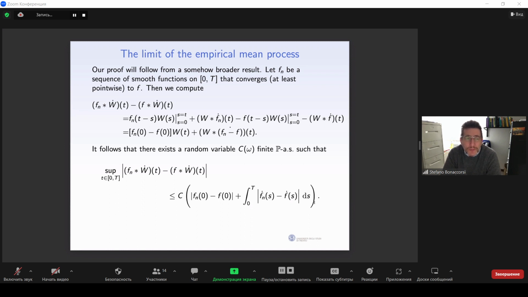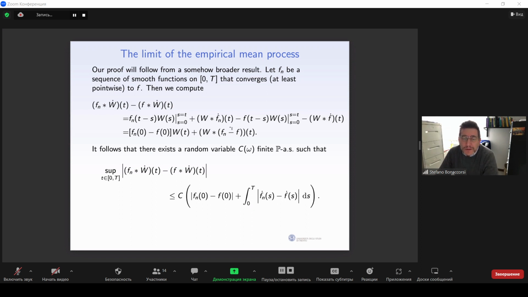Then we formally compute the difference of the convolutions with respect to W dot, and we see that this becomes equal to the difference of the functions in 0 times W_t, but we can assume that the difference of the functions in 0 is 0, plus the convolution between W, and now I don't have any more W dot, so this is a deterministic integral with random coefficient, times f minus f_n dot.